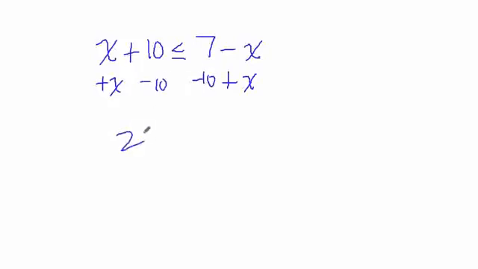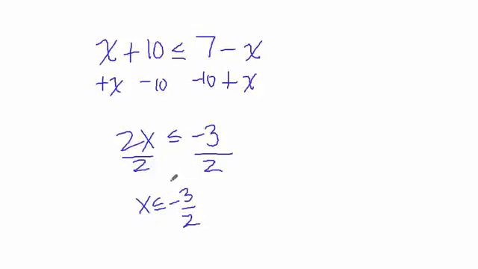So then I'd get 2x is less than or equal to -3. Then I might divide both sides by 2. So x is less than or equal to -3/2. So look at that. The solution to the inequality I started with: there's in fact an infinite number of values that will satisfy that inequality.